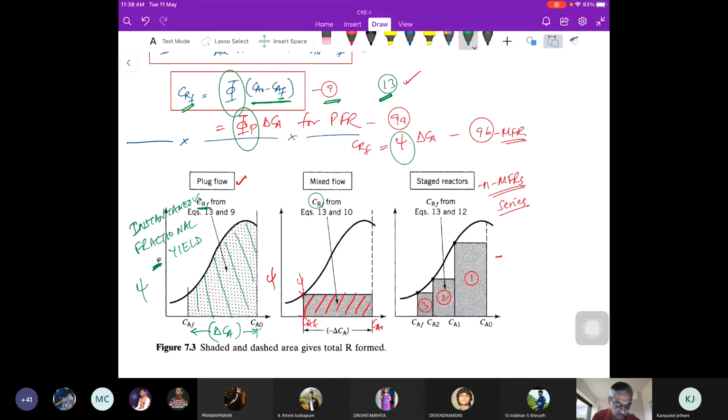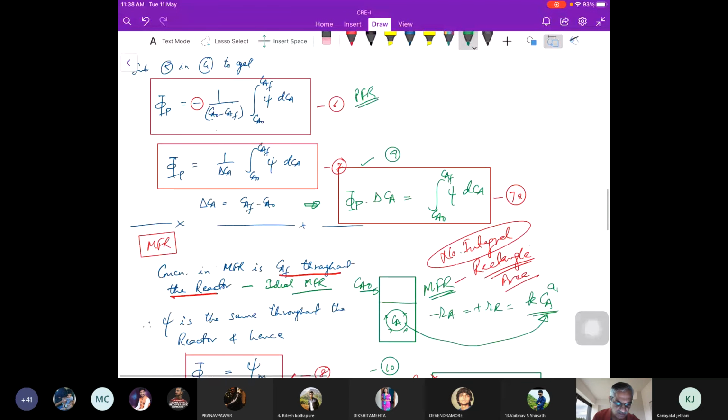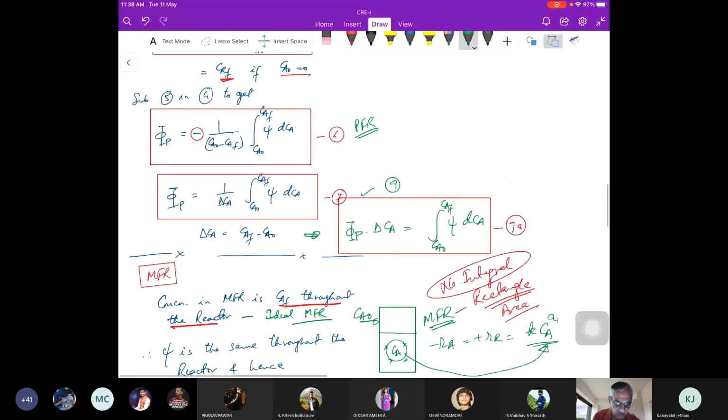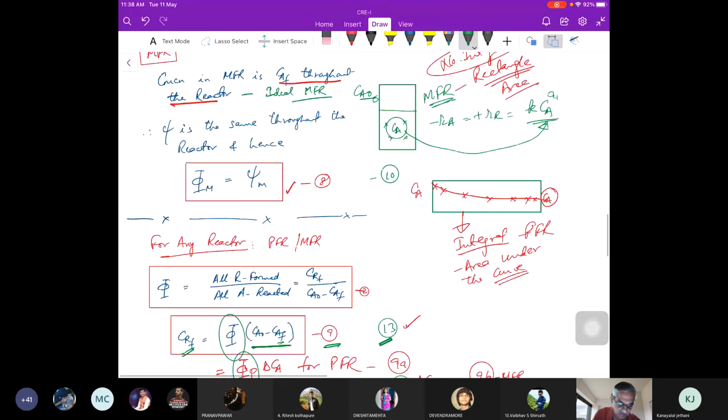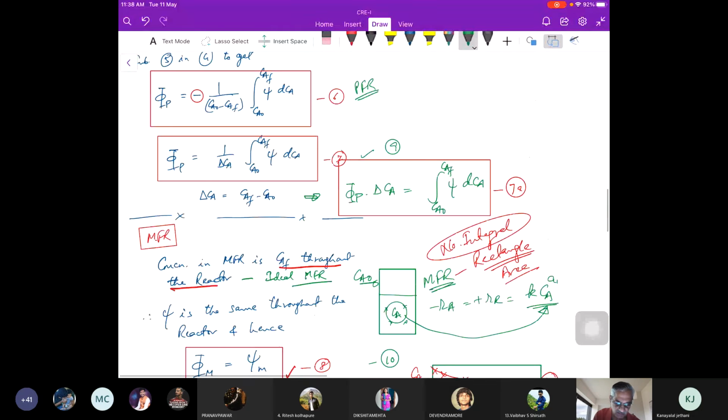So in this case, because we are talking about integral, phi p is nothing but integral CA naught to CF psi dCA, 1 upon delta C, right? So here this is delta C, and dC, and this is y. So the y integral will be nothing but the area under the curve for plug flow reactor.